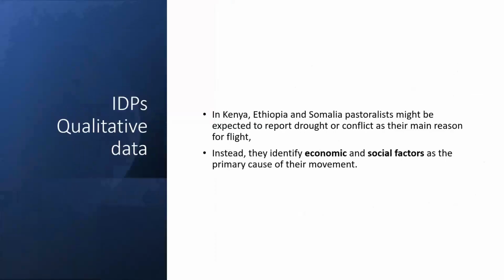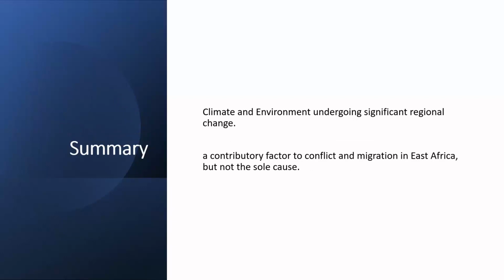And when you begin to start hearing local voices in Kenya, Ethiopia and Somalia, for example, almost invariably when you interview these pastoralists about the reasons for their crisis, they report economic inequalities and social exclusion as the primary reason why they migrate. Not necessarily associated with climate or drought.